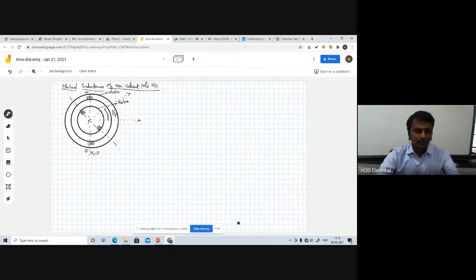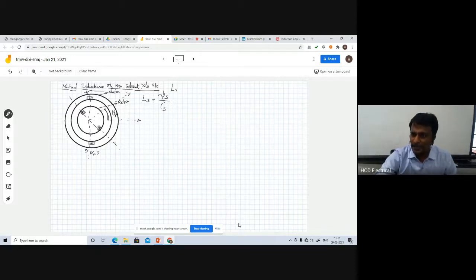Now we have to write this first, like in the previous class. If you want to know the self-inductance, how did we find it? The self-inductance of the stator is nothing but the flux linkages of the stator divided by the current flowing through the stator.